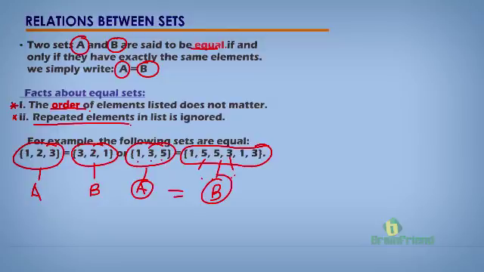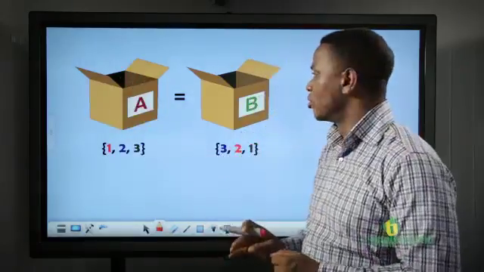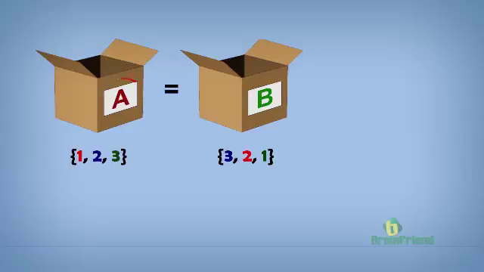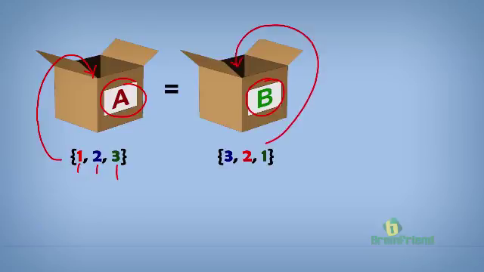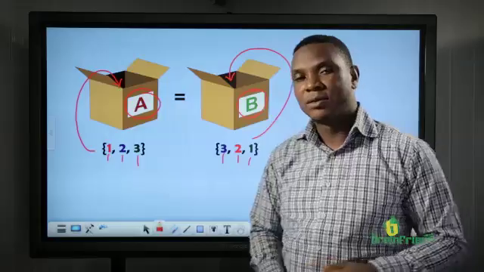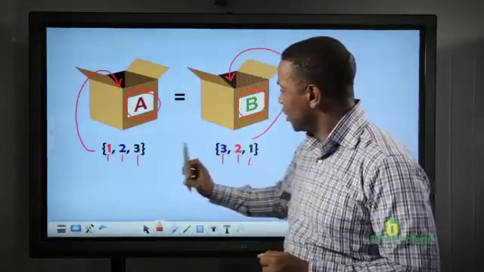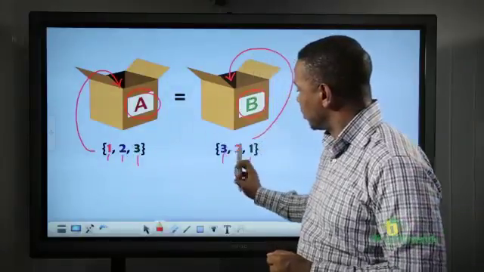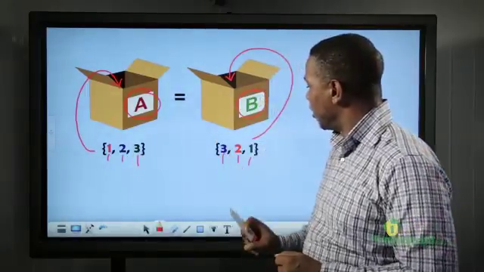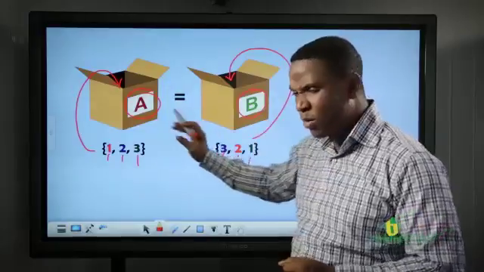Let's go on to learn some more. Again, let's take this graphical illustration here. If set A has as its elements 1, 2, and 3, while set B has as its elements 3, 2, and 1, like we said earlier, notice 1 is present in B, 2 is also present in B, 3 is also present, but B is arranged backward.